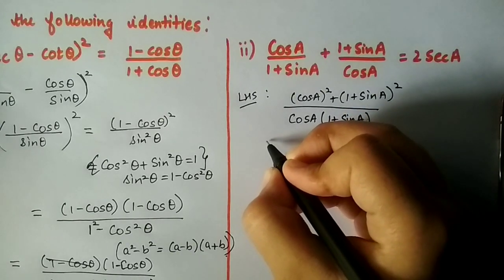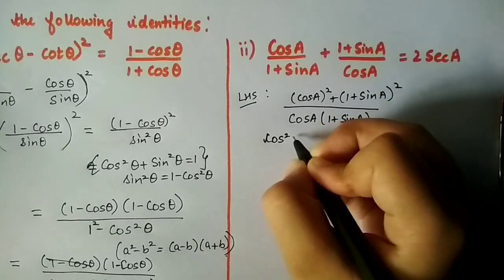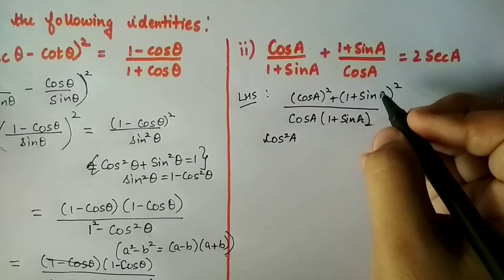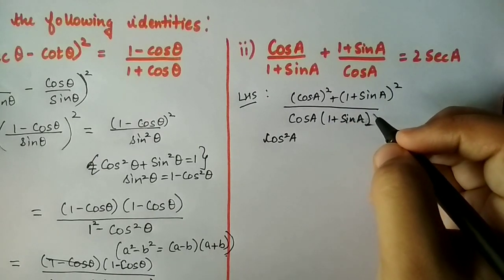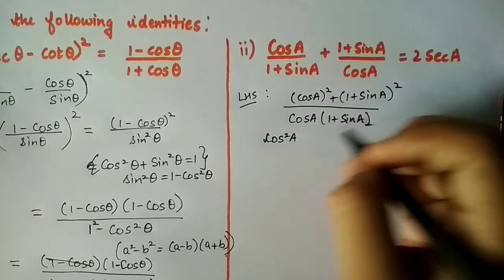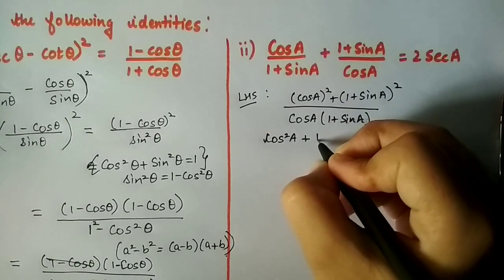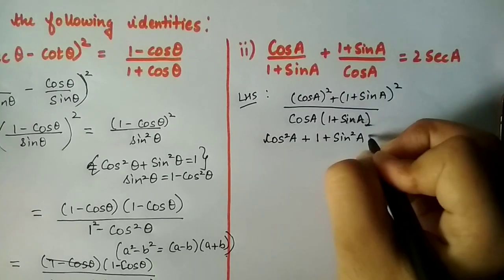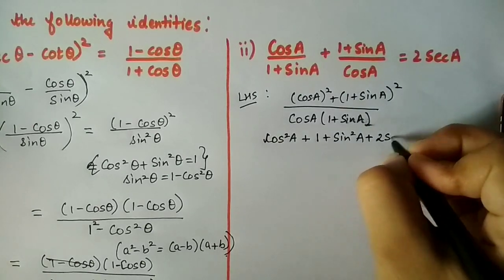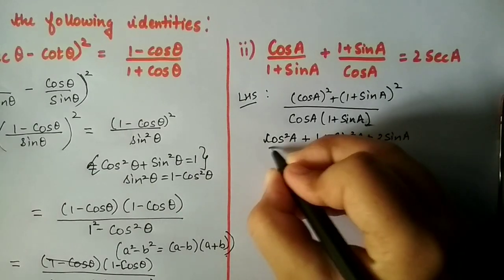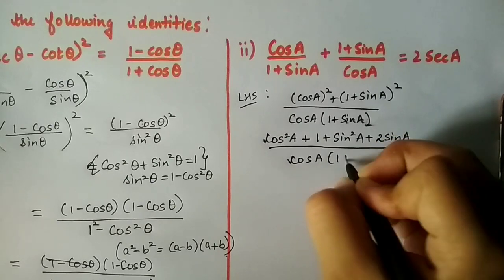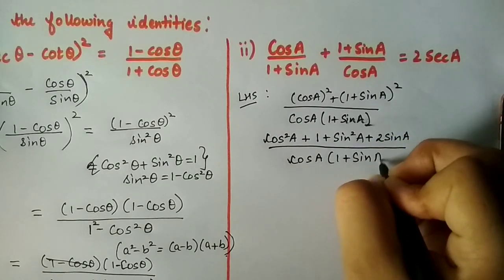Cos a whole square can be written as cos square a, and 1 plus sin a whole square, you open the identity of a plus b whole square, that is a square plus b square plus 2ab. So you can write it as 1 square, that is 1, plus sin square a plus 2ab, that is 2 sin a. Now in denominator you have cos a into 1 plus sin a. Keep it as it is.